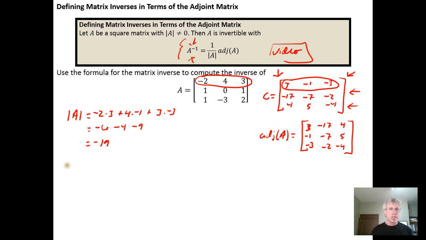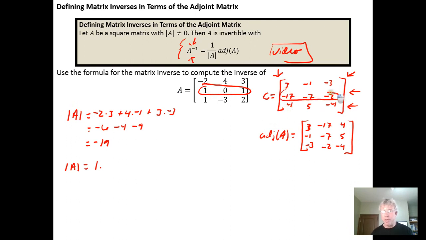We could just as easily have calculated the determinant using any row or column in A. So for example, row 2 probably would be the best choice because I have 1, 0, 1 for my elements. So for example, I could have gone the element 1, which is in row 2 column 1, I can multiply it by the row 2 column 1 cofactor.